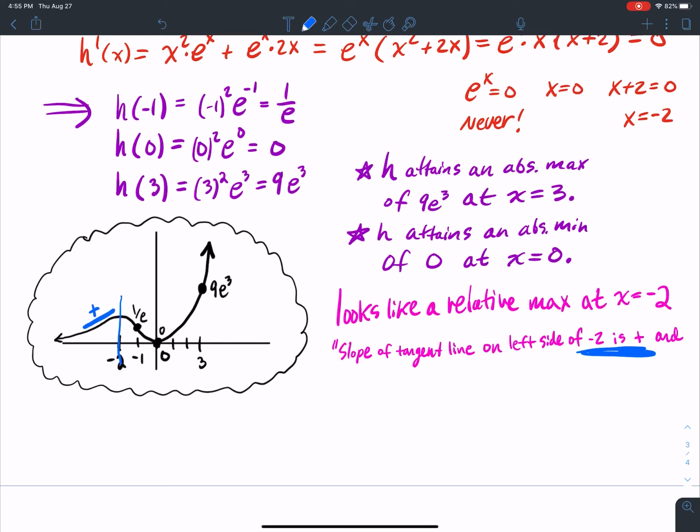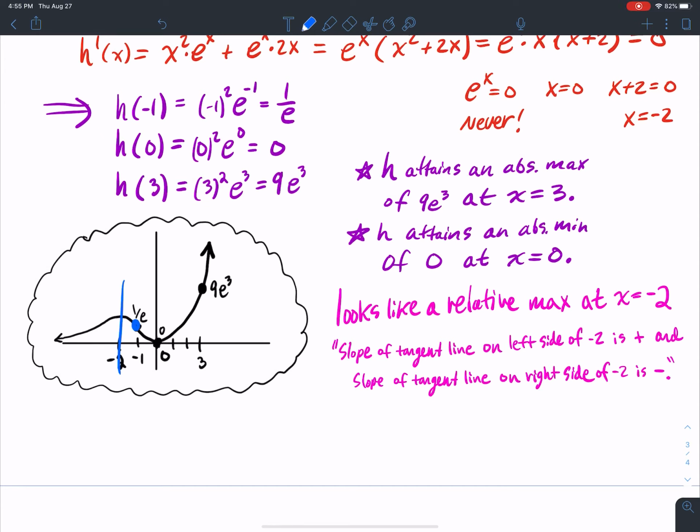When I look at the slope of the tangent line on the right side, it looks like the slopes are negative. So on one side I have positive slopes, on the other side I have negative slopes, and I've got this critical number separating the positive and negative slopes.